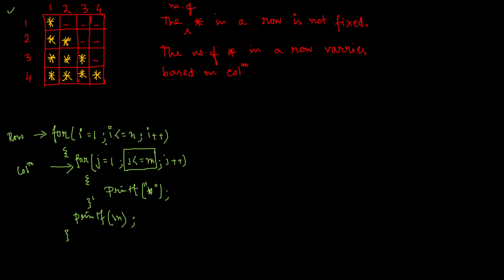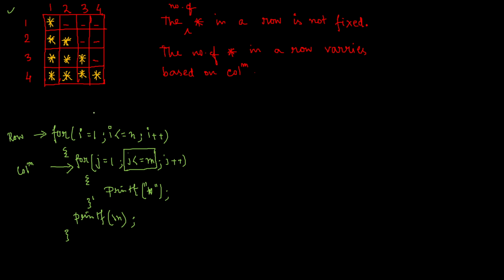That means in a particular row, when you are writing another for loop for printing the columns, that means the stars, then you have to decide how many times this column for loop will run for that particular row, you have to somehow decide.